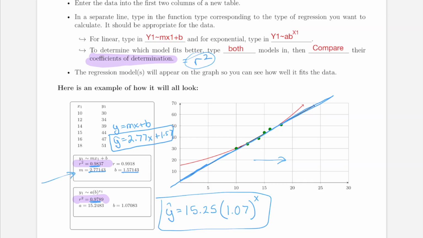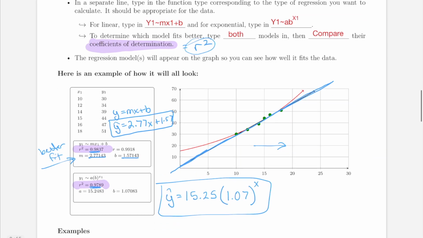So this is a better fit. Okay. Again, I do want to stress that normally you should take context into consideration. Okay. But for this class, we're really just going to be looking at the r squared value and say, look, this is a better fit because the r squared is higher.